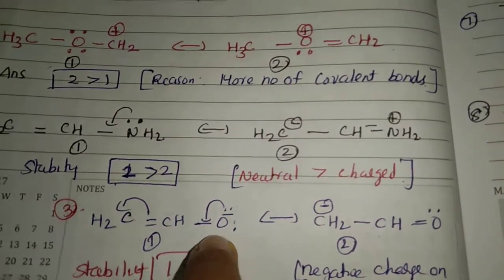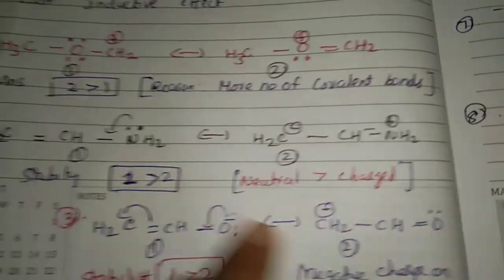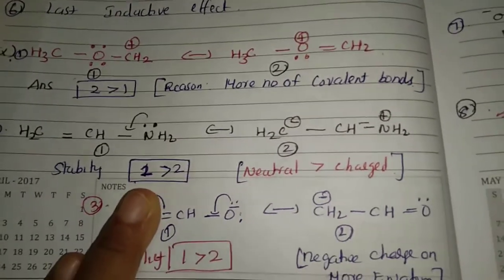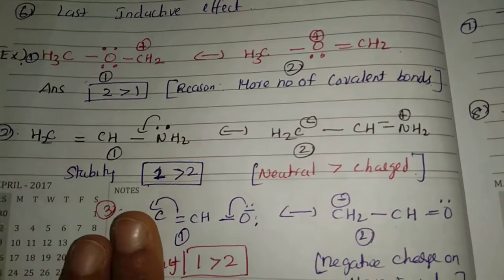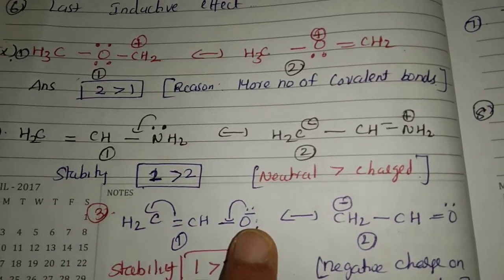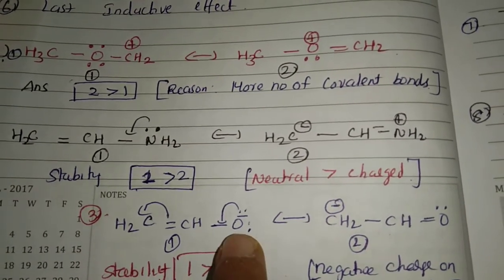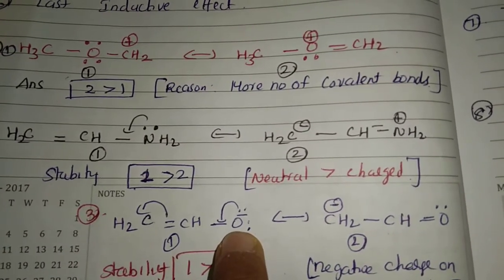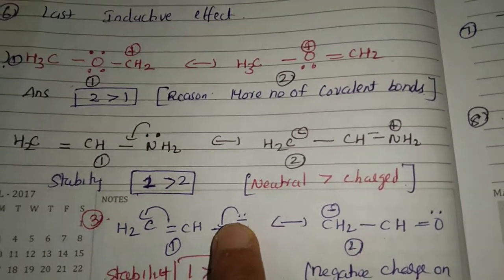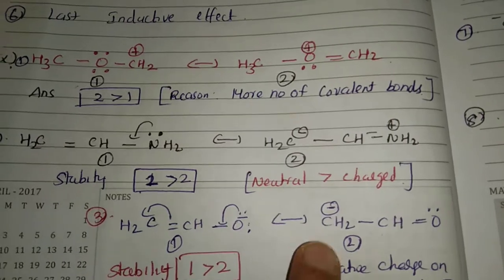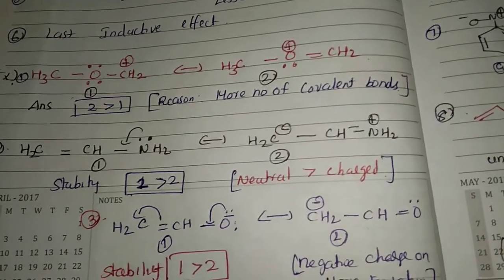Here O has a minus charge, CH2 has a minus charge, so you cannot use the second rule. Then go for the third rule. The more electronegative atom has the negative charge. Oxygen is more electronegative than carbon, so structure 1 is more stable than 2. Negative charge on the more electronegative atom.